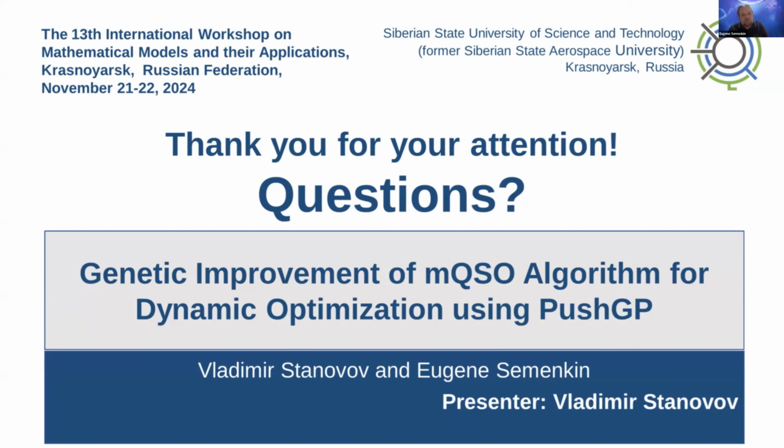Vladimir, how do you think can we transform these ideas to non-continuous space? Yeah, of course. For example, for combinatorial optimization. Actually, most of the hyperheuristics are for combinatorial optimization, but I didn't have much experience with it.